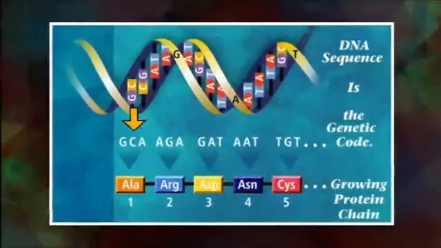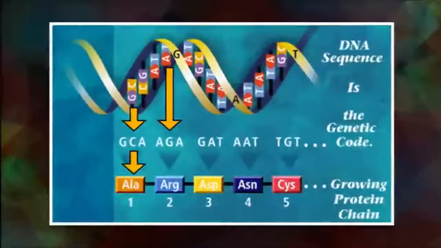So for example, GCA, which is the first codon in the DNA here, codes for the amino acid alanine. And then the next codon, AGA, codes for the amino acid arginine. Okay, so that's how you go. It's just three-letter words, and they all mean something basically for the final protein.